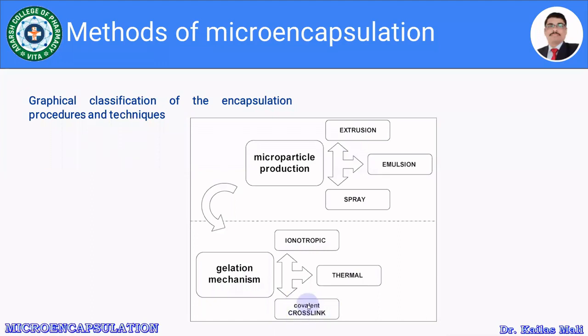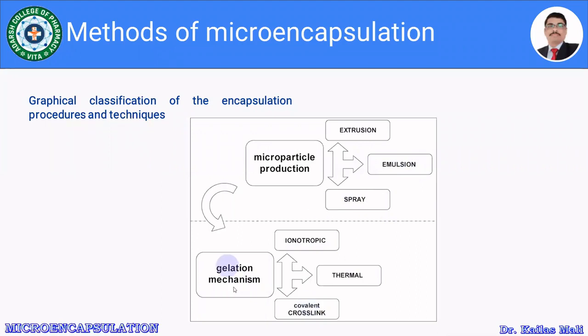In the previous slide, we have seen different methods for the manufacturing of the microencapsulated product. Again, here I have shown the graphical classification of encapsulation procedures and techniques. So microparticles can be produced by either the extrusion mechanism, the emulsion mechanism, or the spray process.